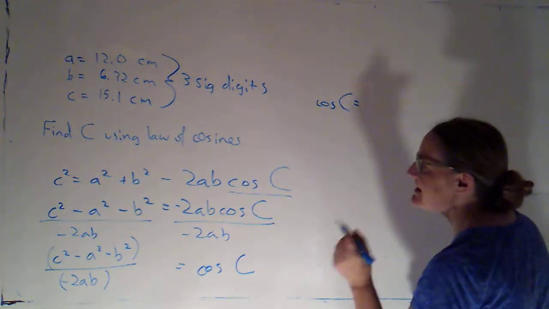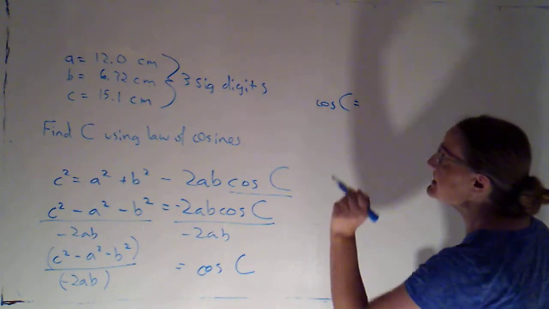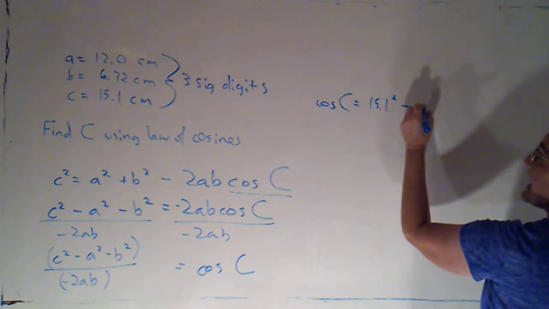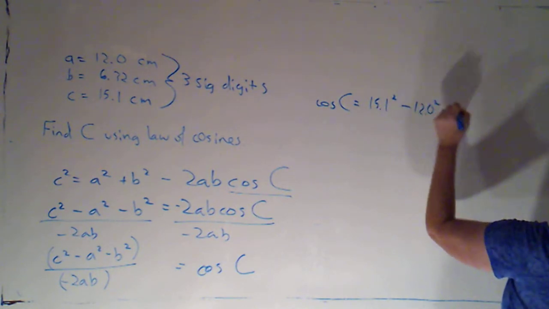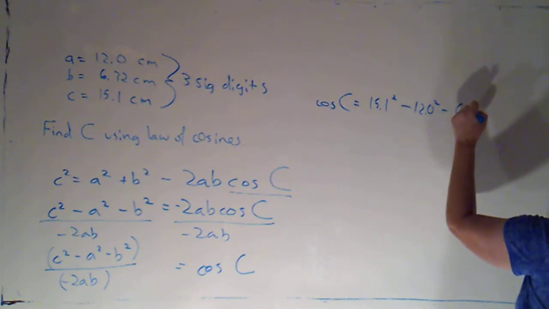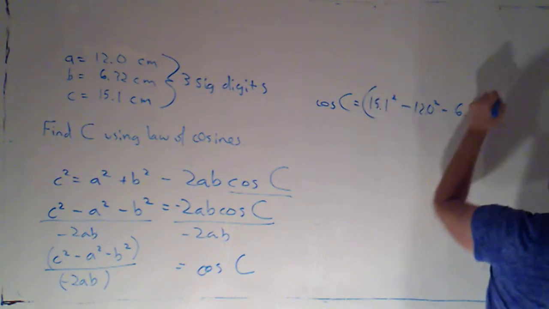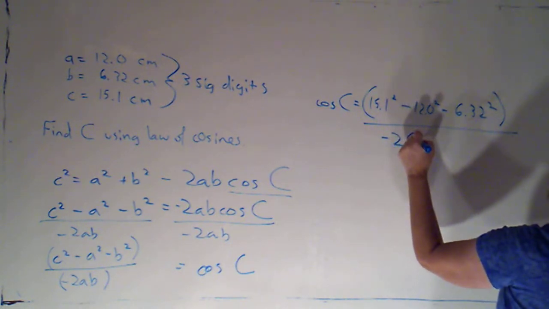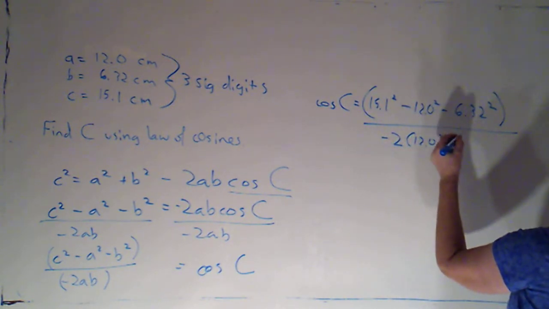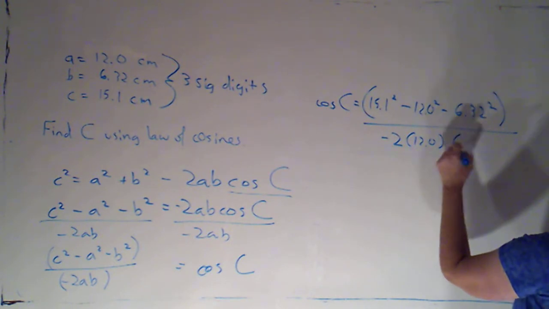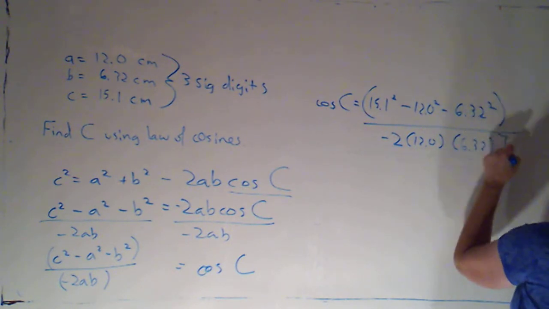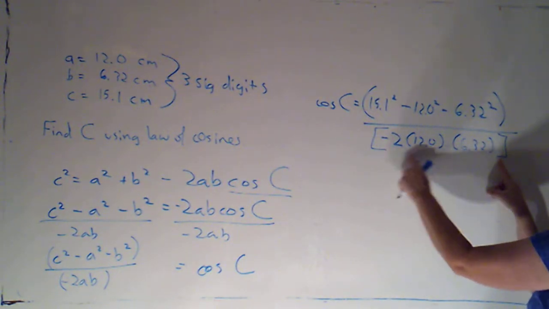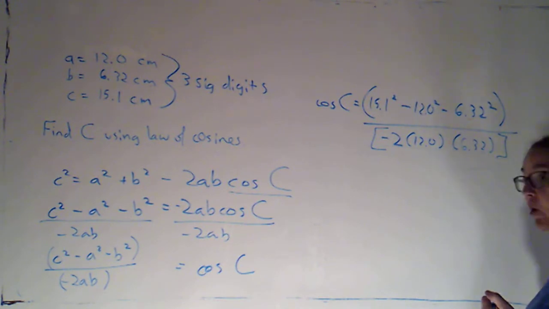So cosine of C is going to be 15.1 squared, minus 12.0 squared, minus 6.32 squared, all over, in parentheses, negative 2 times 12.0 times 6.32, so that we do the multiplication and then divide by the whole thing.